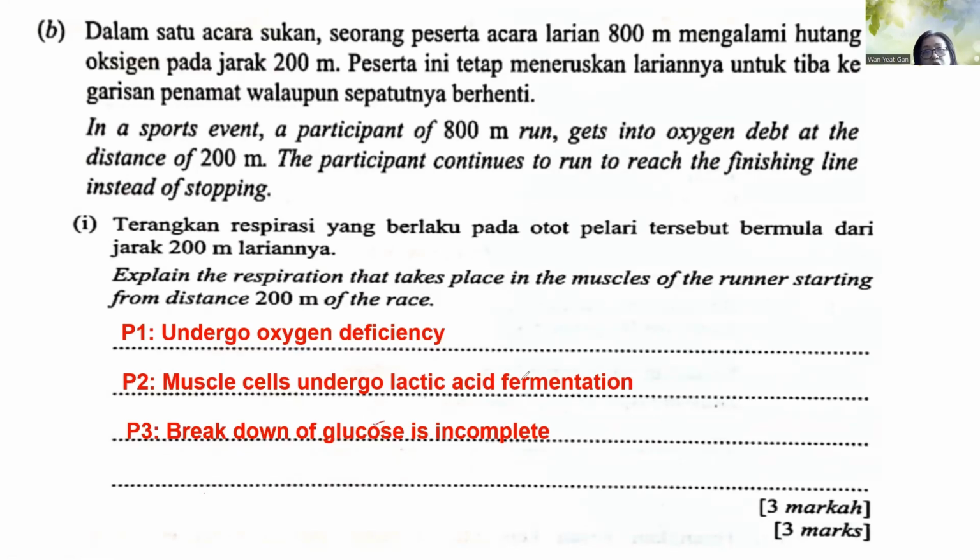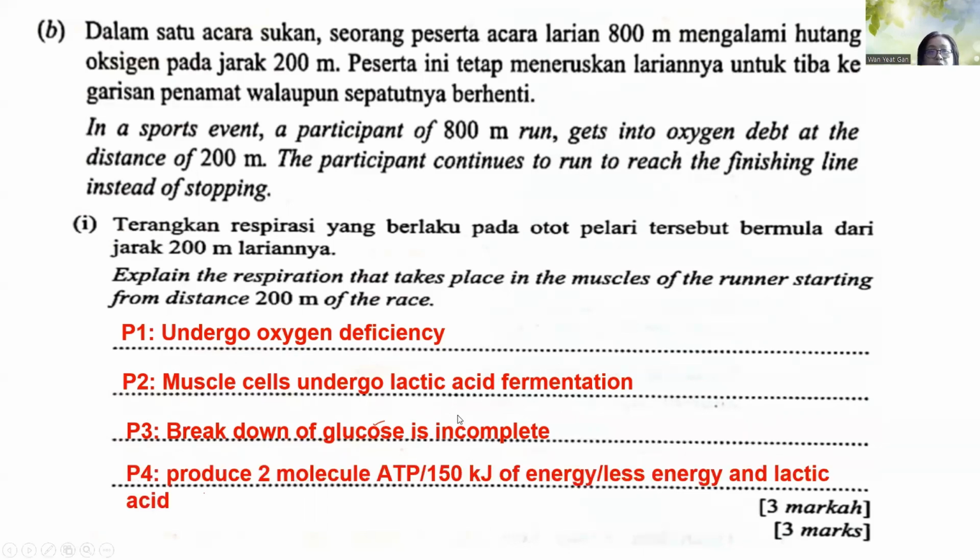So the glucose will break down incompletely, not completely, to form lactic acid and energy. Now, the amount of ATP produced is only 2 molecules of ATP, right? So this is what happens when a person is carrying out lactic acid fermentation.